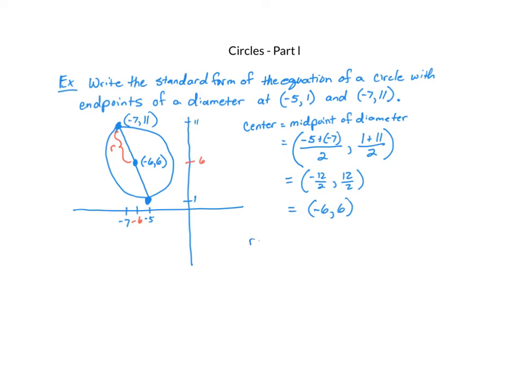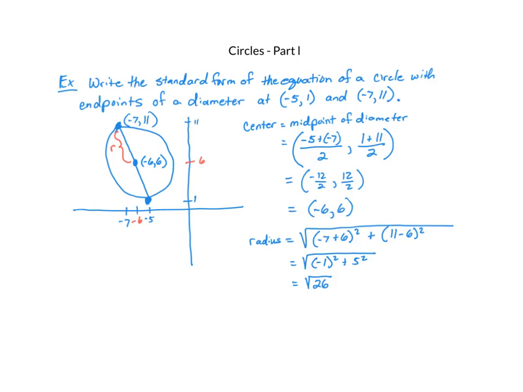So our radius equals the square root of -7 minus -6 squared plus 11 minus 6 squared. We'll simplify, and we have the square root of -1 squared plus 5 squared, or the square root of 26.